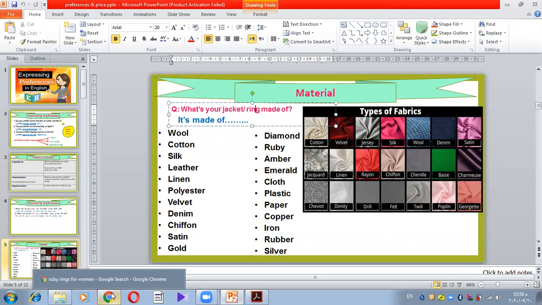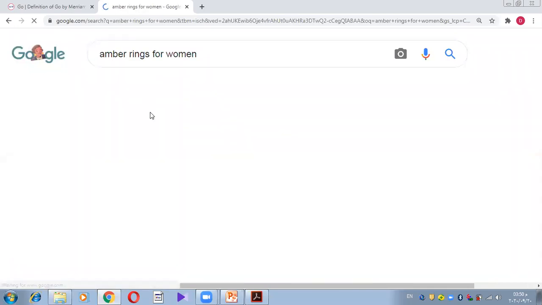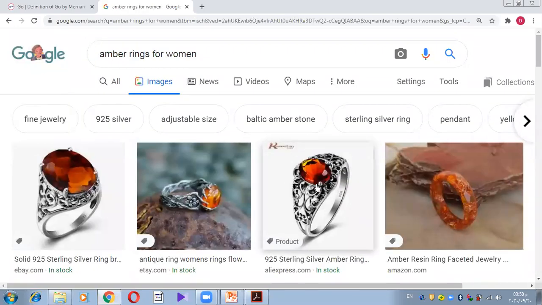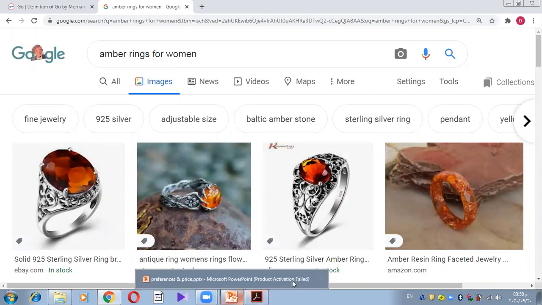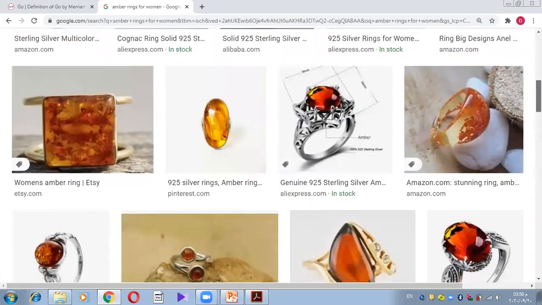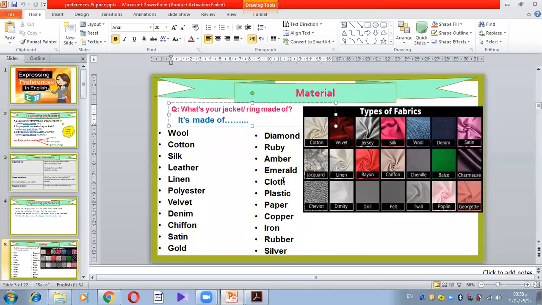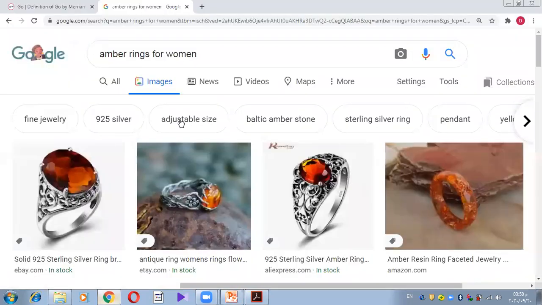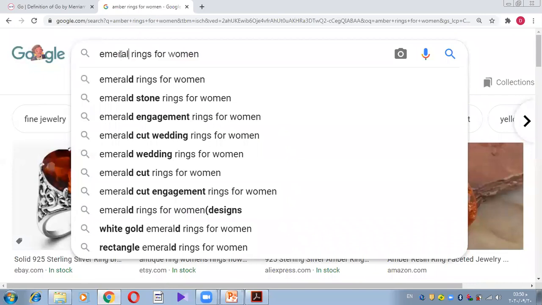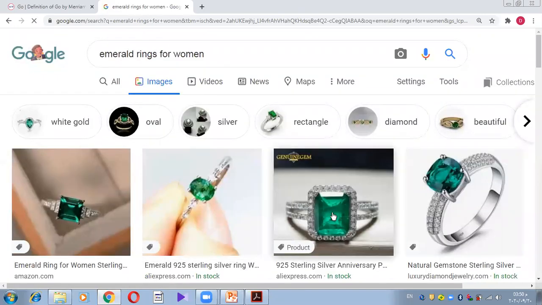Then we have amber. That's amber. Like the yellow one. Amber. Emerald. That's emerald. Okay. The green.